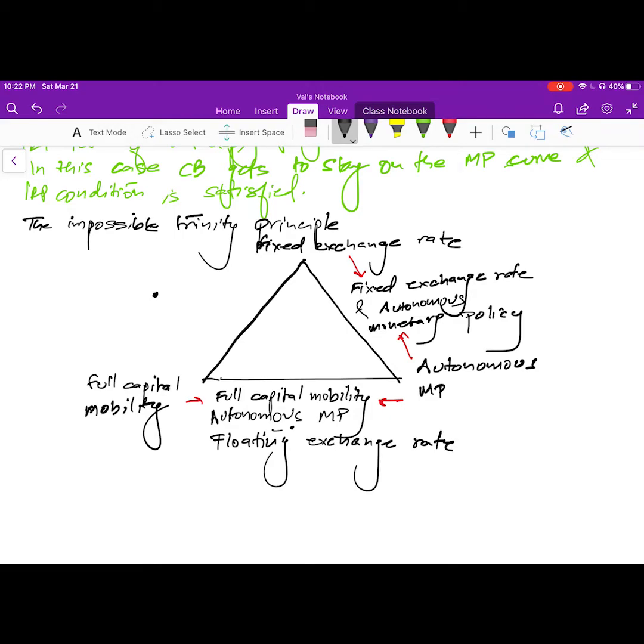And then here you get, by now this must make sense. Here you get fixed exchange rate and full capital mobility, but no autonomous monetary policy.